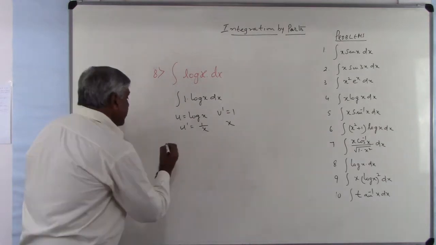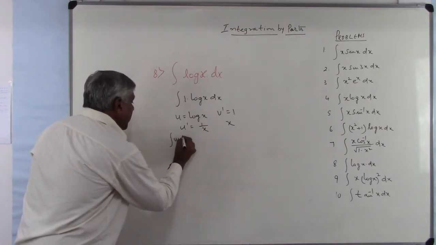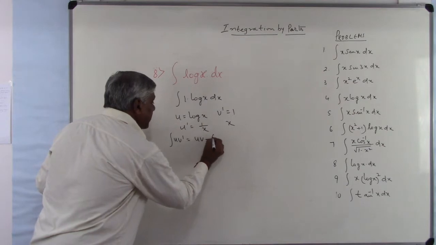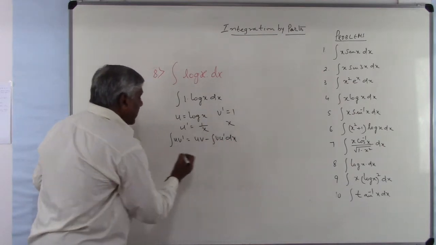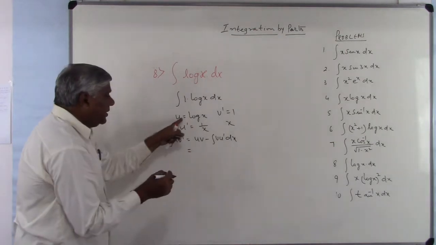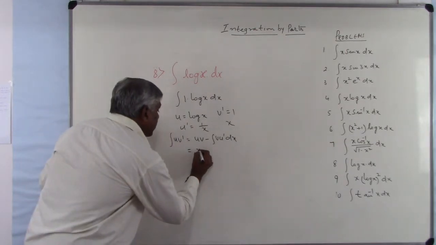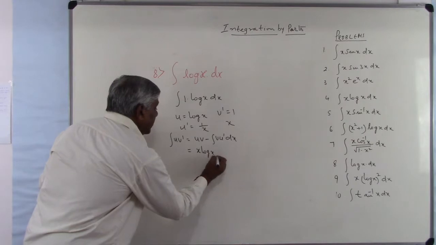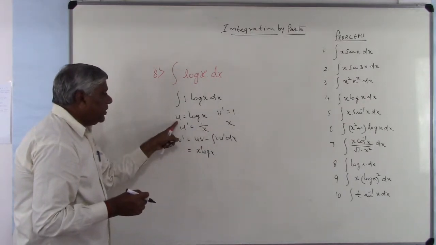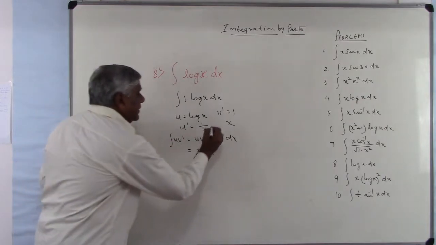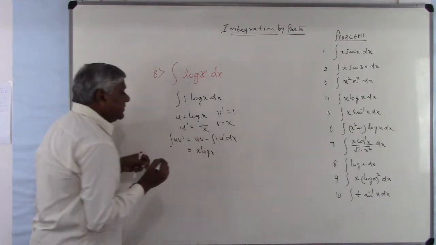Therefore, integral u v dash is equal to uv minus integral v u dash dx. Now this is equal to, u is log x, x log x, because v dash is 1 and v is x. Here we have to write v is equal to x.